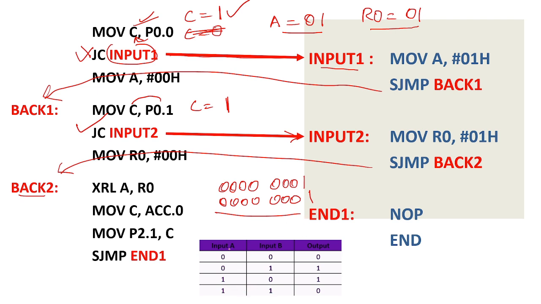1 1, if you do the XOR, this is the XOR truth table. If both the inputs are 1, the output will be 0, right? So the others are 0 0 0 0, but we are interested only in this bit. It is the least significant bit, right? That I can take as the accumulator's 0th bit, that is your least significant bit of the accumulator.